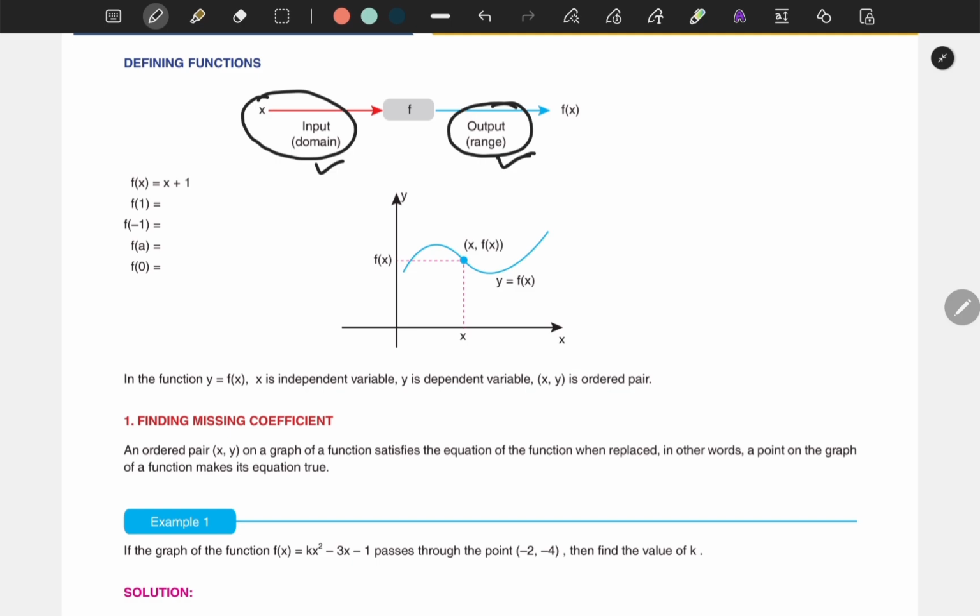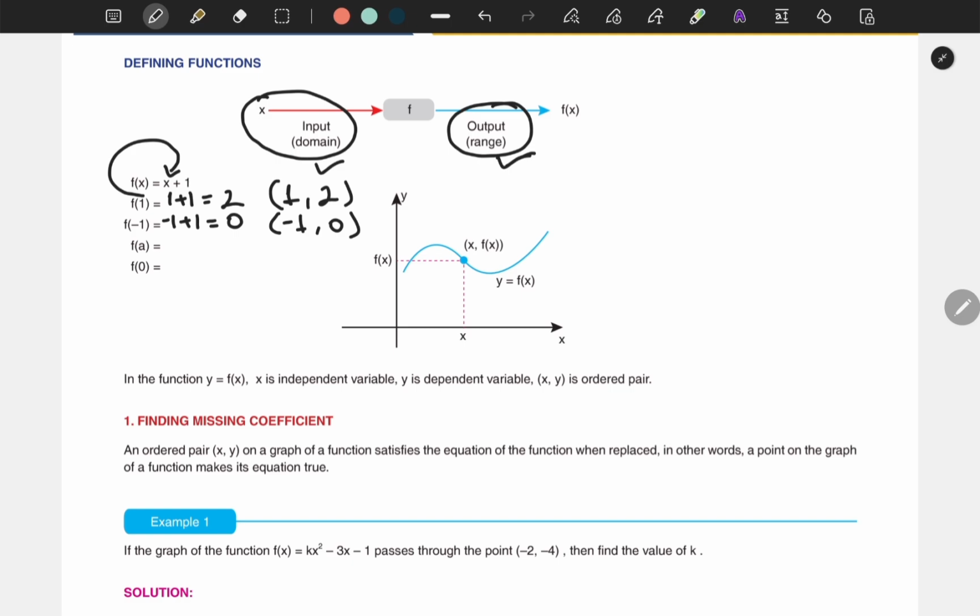As you see here, we have a 1. If I replace it into the function, what will 1 plus 1 be? As a result, 2. What I did, I replaced 1, I get 2. If I replace negative 1, negative 1 plus 1 equals what? 0. So I replace negative 1, I get 0.